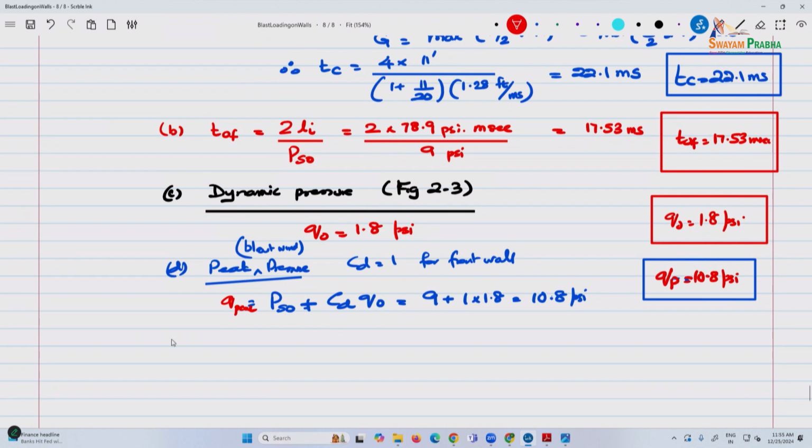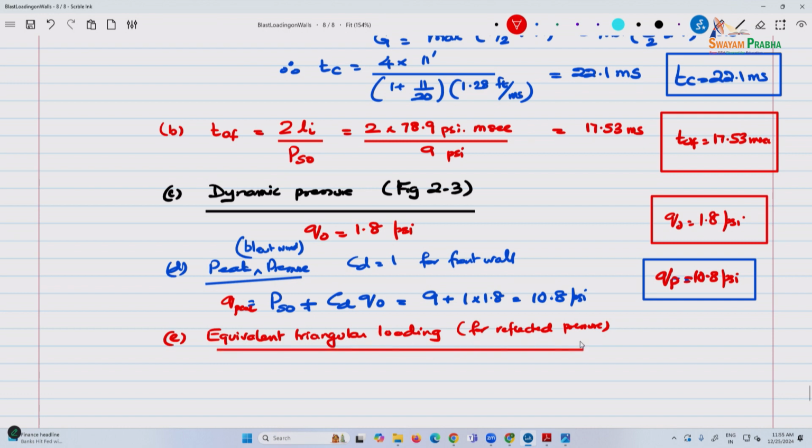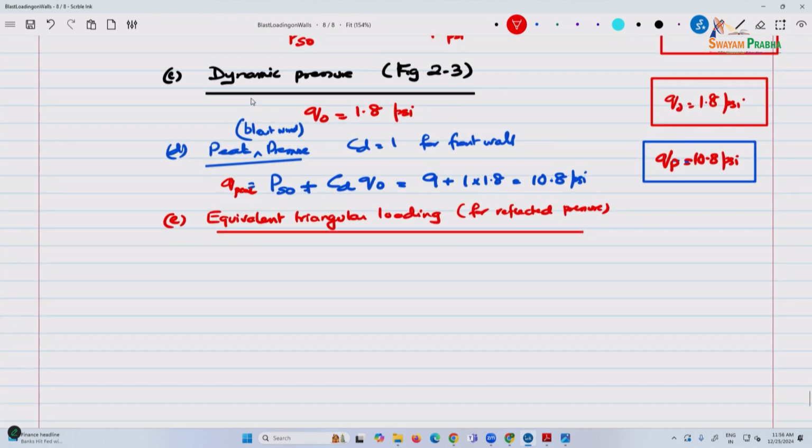and then we calculate the equivalent triangular loading. This is for the reflected pressure. For the reflected pressure, we have no modifications. Now we have seen that this is TR, this is the duration.